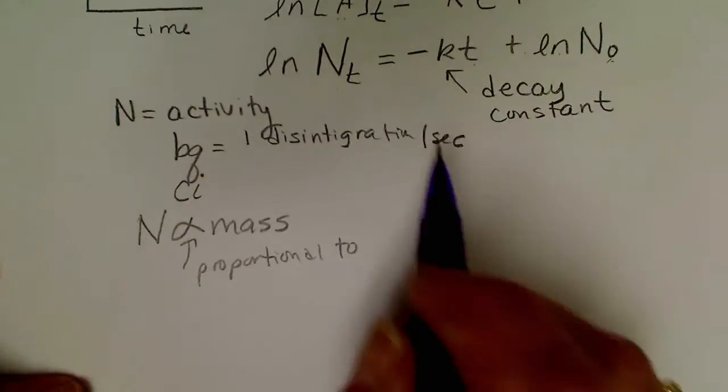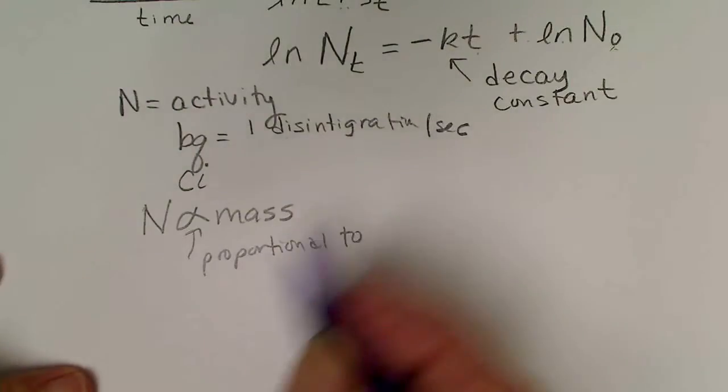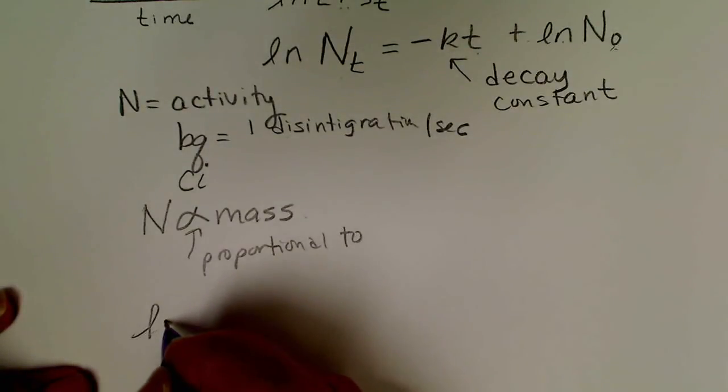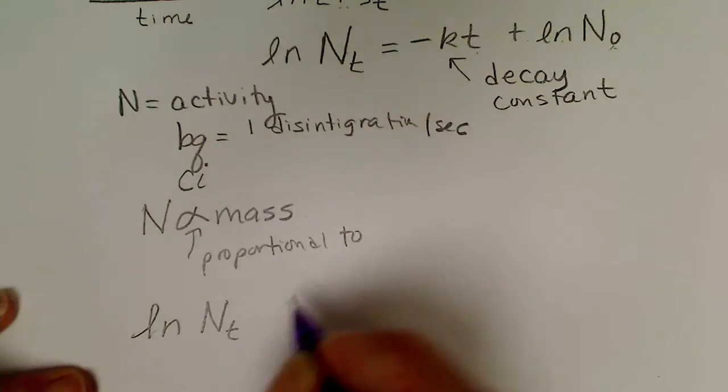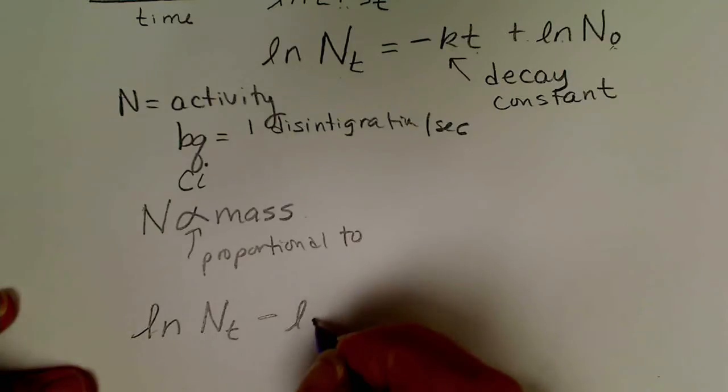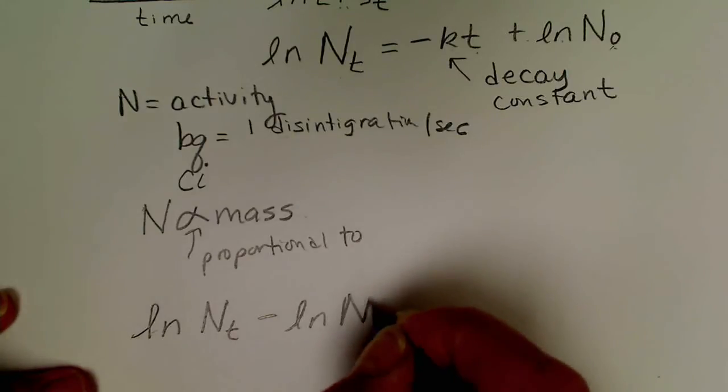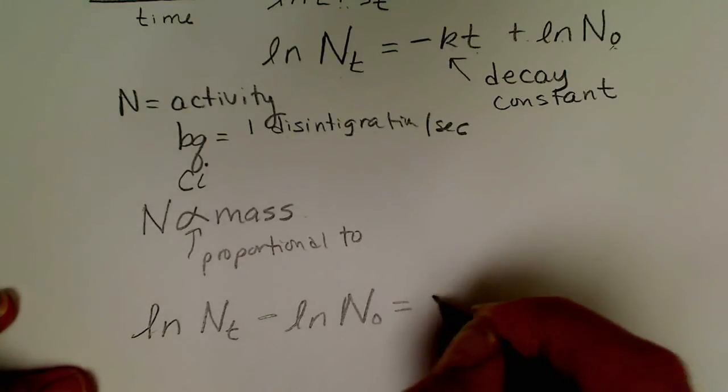And I'm going to rearrange this equation and say the natural log of our activity at any time t minus the natural log of the initial activity is equal to negative kt.